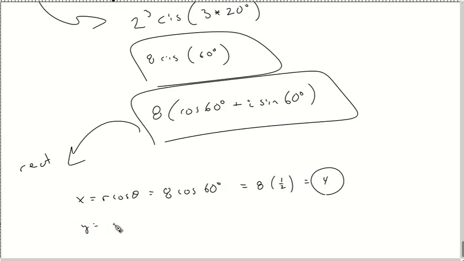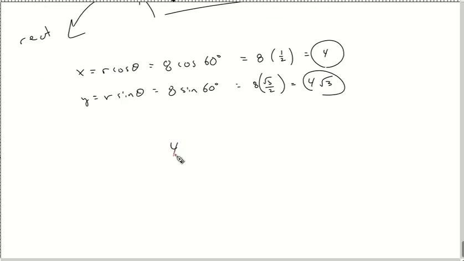I use that all the time, and you will too. All right, we got our x and y. So then 4 plus 4 square root of 3 times i. There's your rectangular answer.